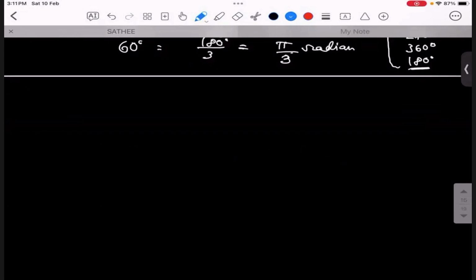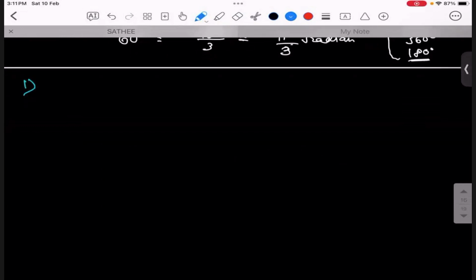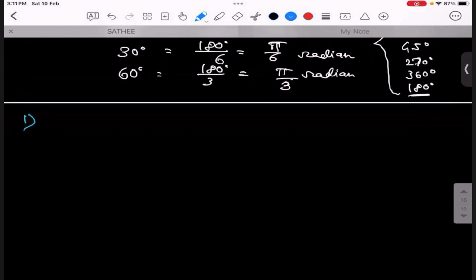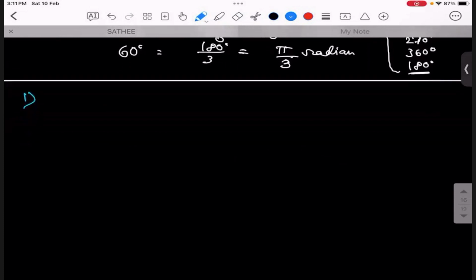Example 1. The first example is to convert a degree measure into radian measure. The question is: 40 degree 20 minute, this degree measure equals how much in radian?